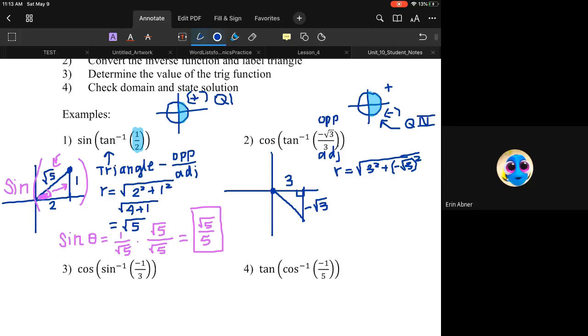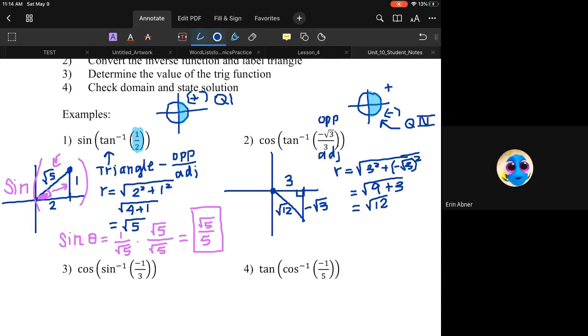That's going to give me the square root of 9 plus 3, because you square the negative, which makes it positive. So it's equal to the square root of 12. So my R is the square root of 12. Okay. So since I now have the square root of 12, I can set up my cosine of that.